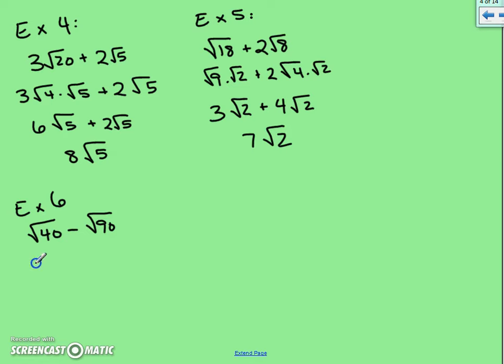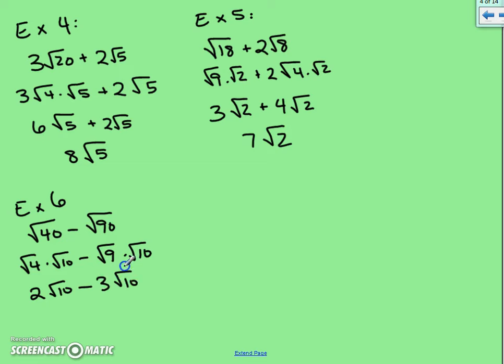Okay, so radical 40 will simplify to radical 4 times radical 10, minus radical 90 simplifies to radical 9 times radical 10. Radical 4 simplifies to 2. I can't simplify radical 10 anymore. Radical 9 simplifies to 3.